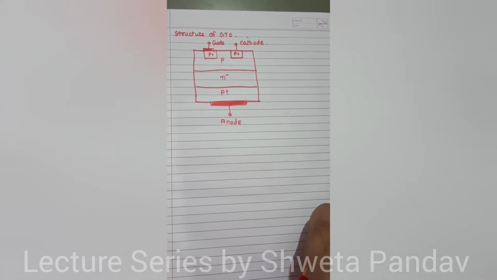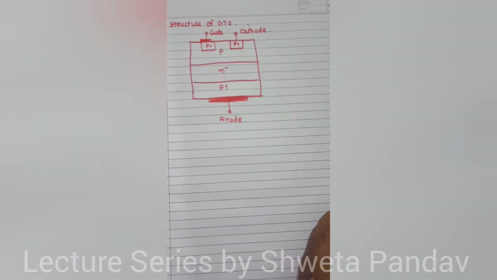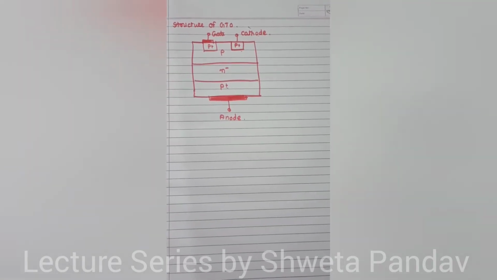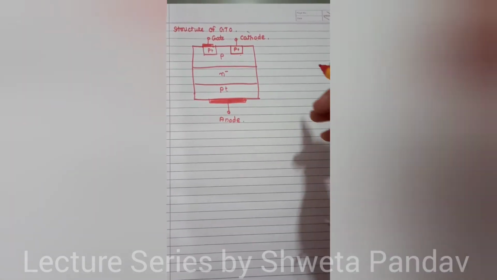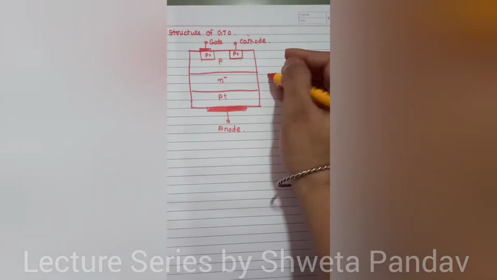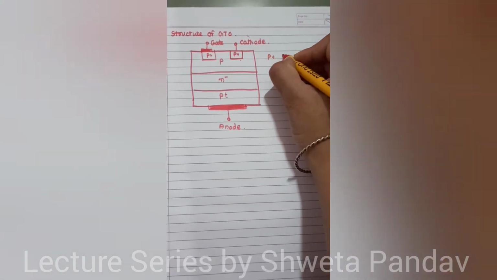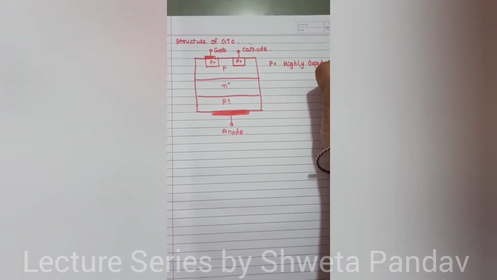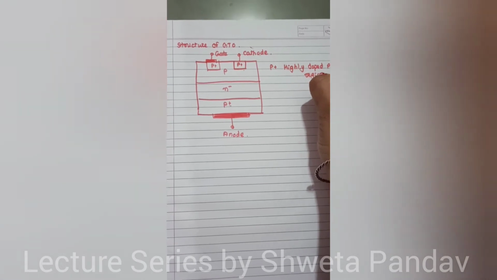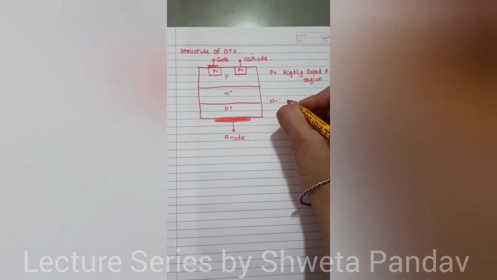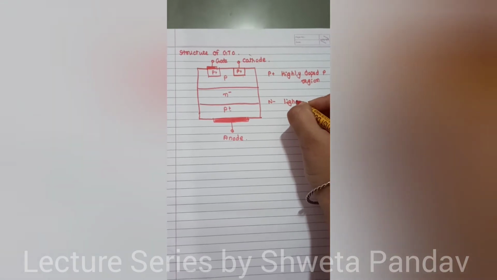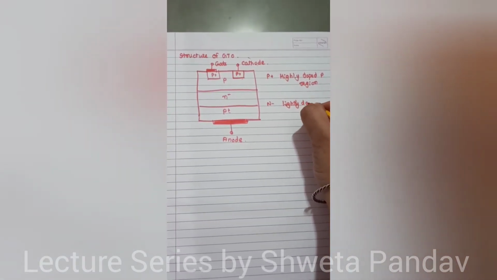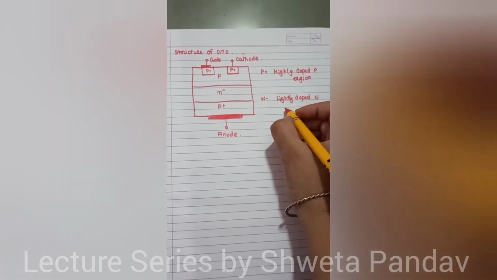The positive sign indicates a highly doped semiconductor, and the negative sign indicates a lightly doped region, where P plus indicates highly doped P region, and N minus indicates lightly doped N region.